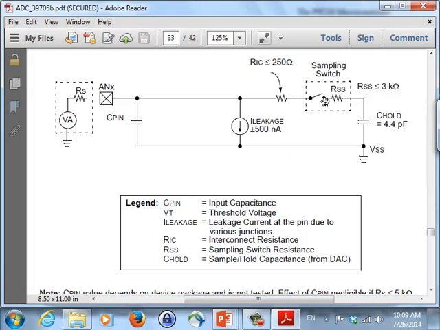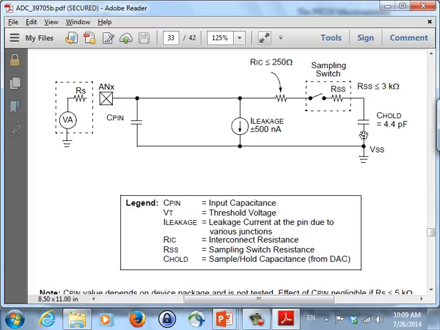You need to keep this RSS closed for that 5.6 microseconds or whatever that you need to charge up this enough. And then you would tell PIC, enough with sampling. You clear a bit that says do sampling, and as soon as you clear that bit, then PIC knows that it has to do the conversion, and all the circuitry that does the successive approximation and so on comes after this.